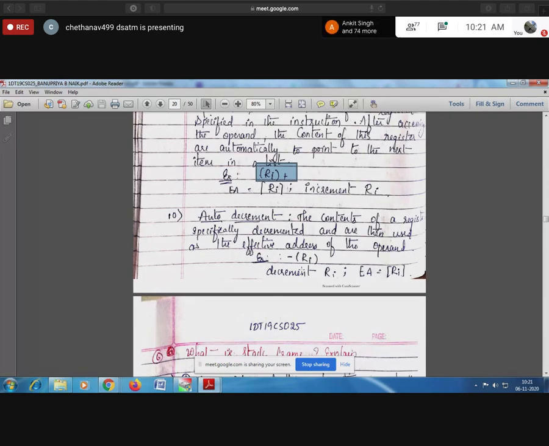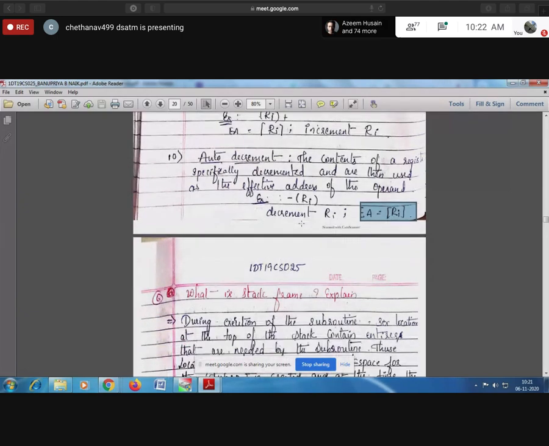So decrement RI, then it becomes the effective address. It's very simple. I've given an elaborate explanation regarding this with examples.